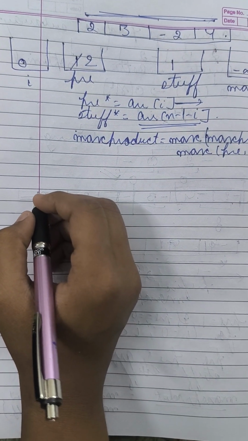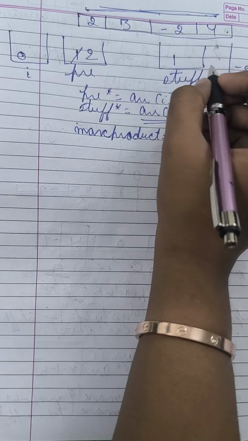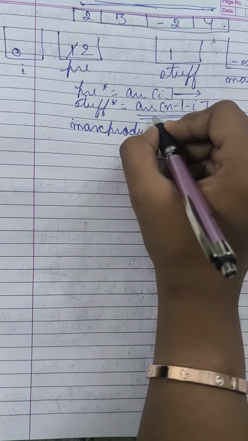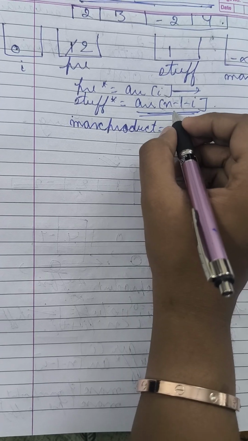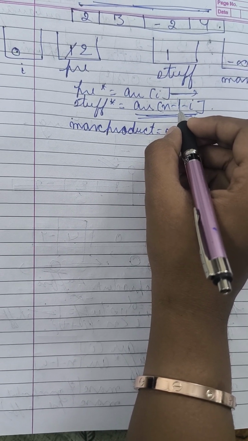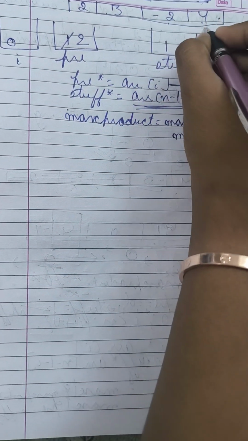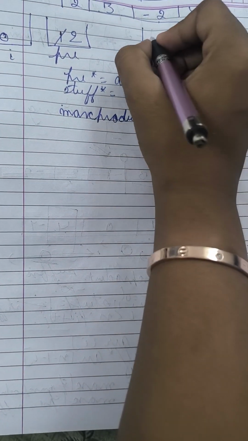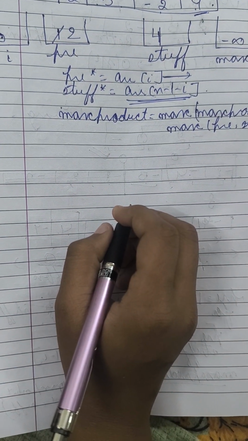In the same manner, suff equals suff into array of n minus 1 minus I, which is the backward track. Right now I is 0 and n is 4, so 4 minus 1 is 3, 3 minus 0 is 3, which is the last element. So suff equals suff into array of n minus 1 minus I, which is going to become 4.